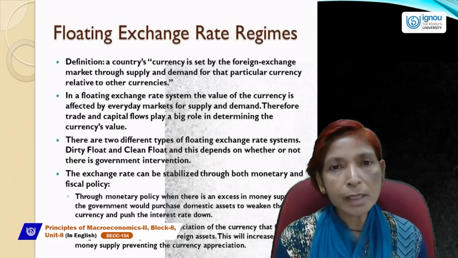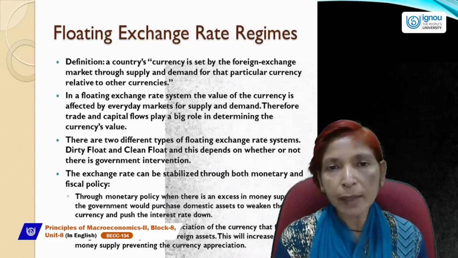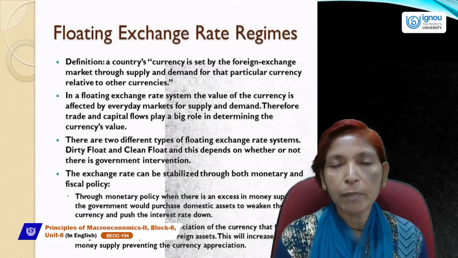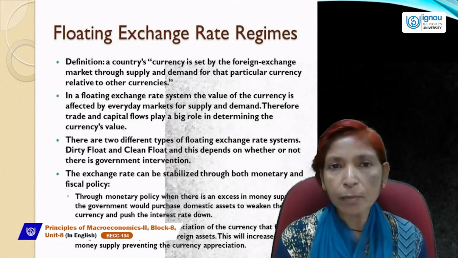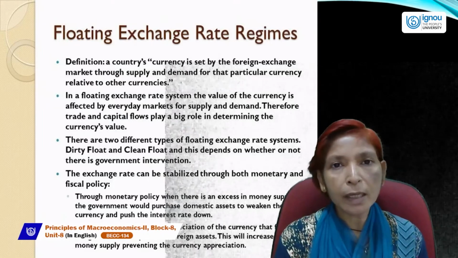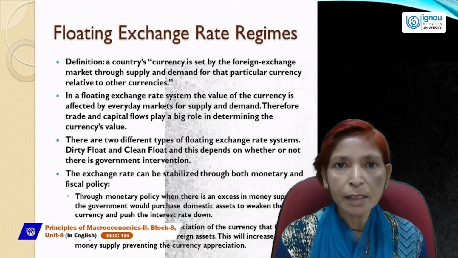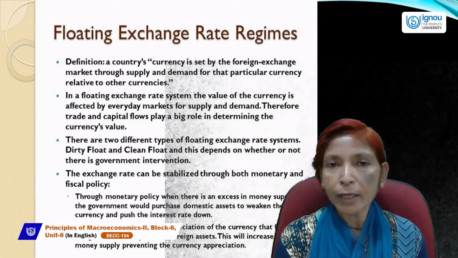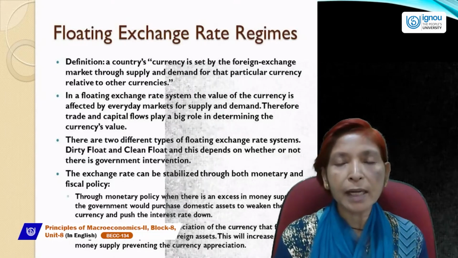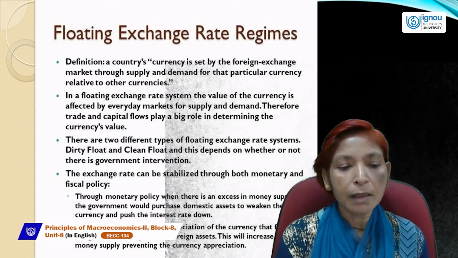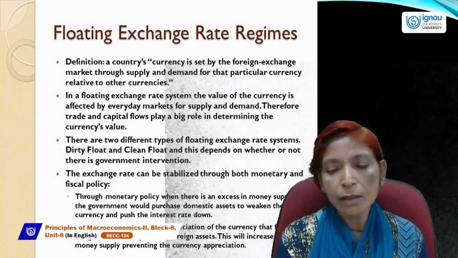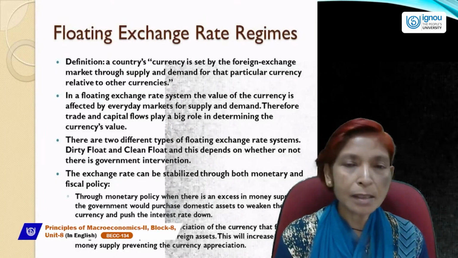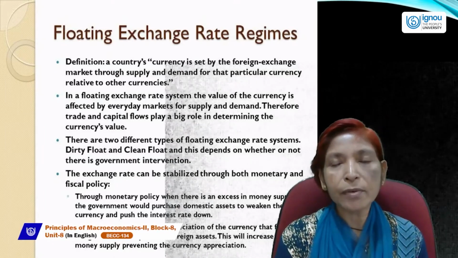Under fiscal policy, public revenue, public expenditure, public debt, and budget are the main important tools. Through monetary policy, when there is an excess in money supply, the government would purchase domestic assets to weaken the currency and push the interest rate down.